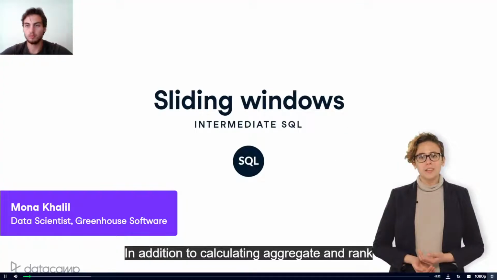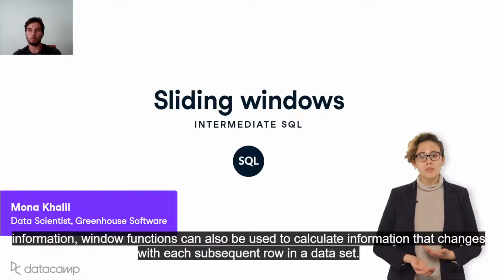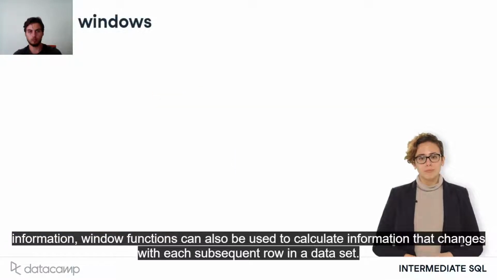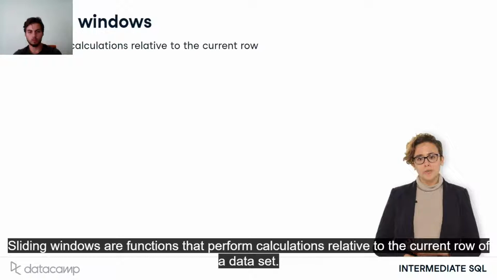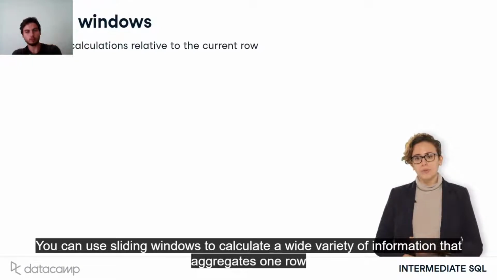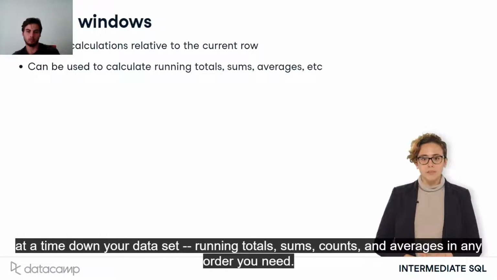In addition to calculating aggregate and rank information, window functions can also be used to calculate information that changes with each subsequent row in a dataset. These types of window functions are called sliding windows. Sliding windows are functions that perform calculations relative to the current row of a dataset. You can use sliding windows to calculate a wide variety of information that aggregates one row at a time down your dataset.